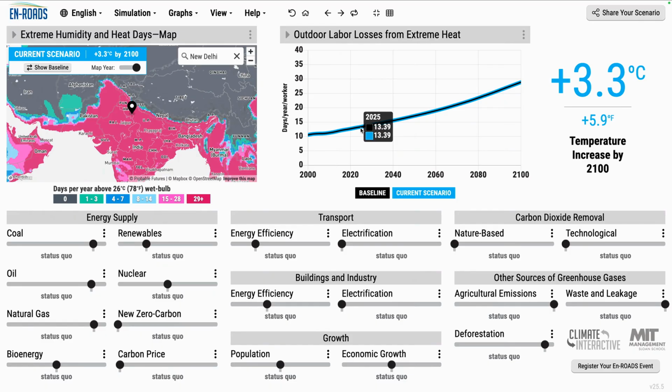It could go all the way up past 25 towards 30. This is something we want to prevent. Out here in 2100 in New Delhi, over a month a year of days above 26C wet bulb. This is a dangerous temperature. We want to avoid it. So motivate the need to do much better.